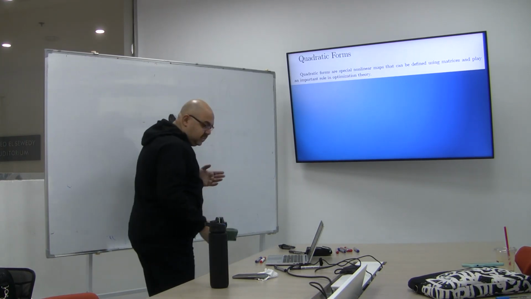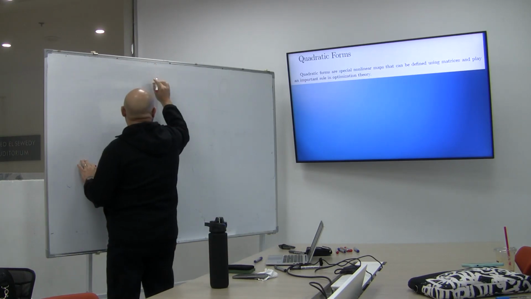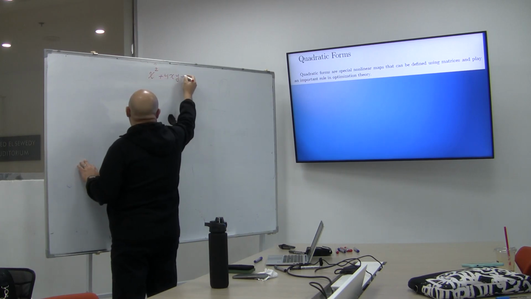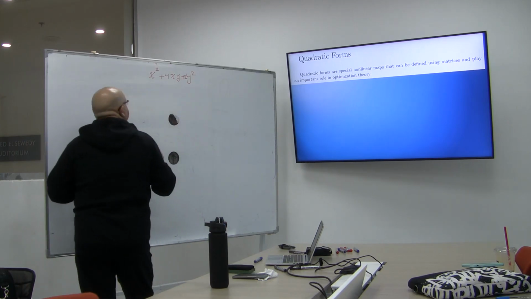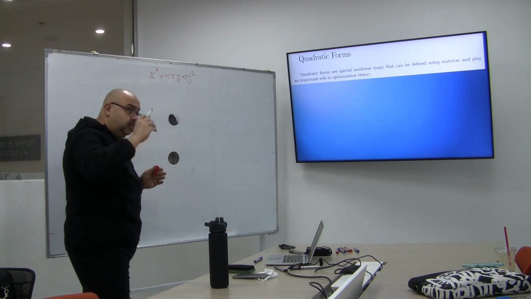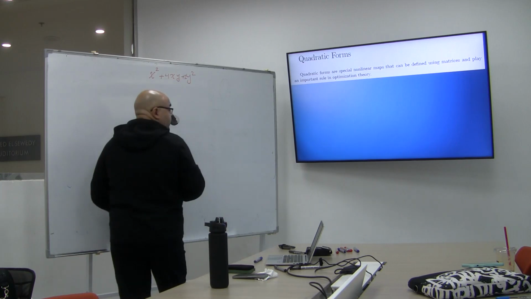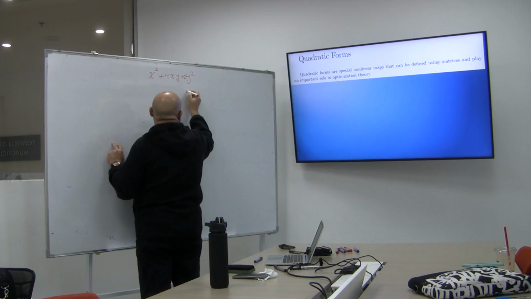So, in a very simple way, if I have, for example, x squared plus 4xy plus 2y squared, this is a quadratic form because it contains elements with the power of 2. I can find the matrix representing these by considering how many components I have.